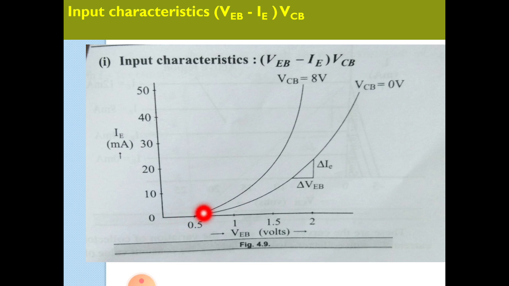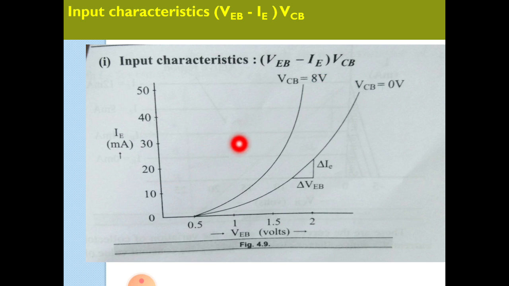Okay, from this graph we can observe that the input current and the input voltage are not linear in nature. The graph we get is a curve, not a straight line. Okay, hence the graph is not a straight line but a curved line. When it is a straight line we call it linear, and the variables are said to be linear in nature.